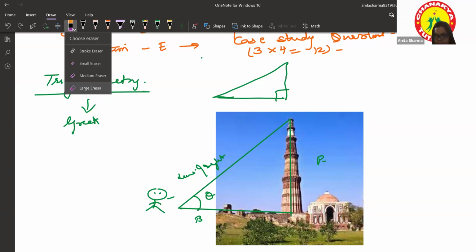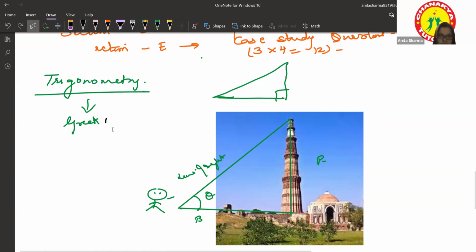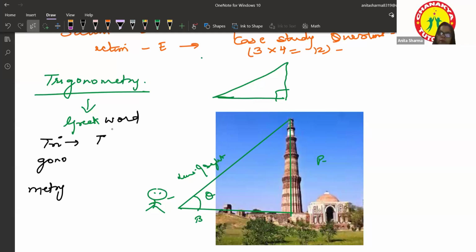So trigono and metry. Tri means 3, gono means sides, and metry means measurement.